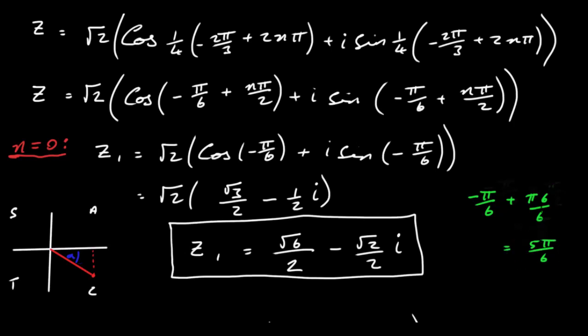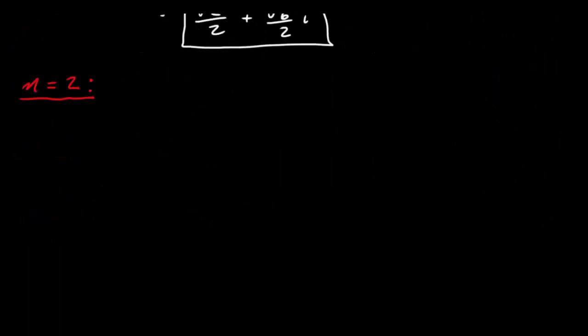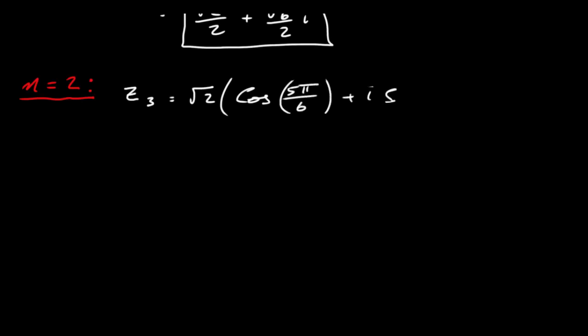Let's stick that into our equation. So Z3 is going to be the square root of 2 times the cosine of 5 pi over 6 plus I sine 5 pi over 6. Now if you look at 5 pi over 6, it's almost 6 pi over 6, which is pi.